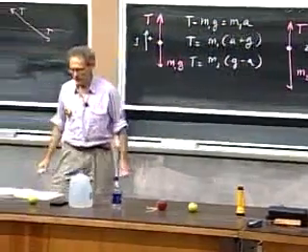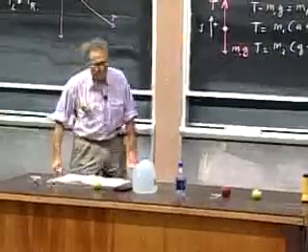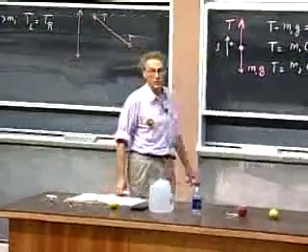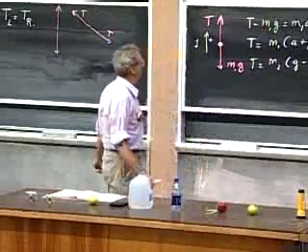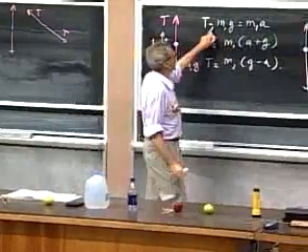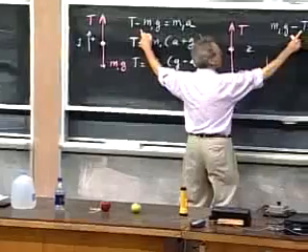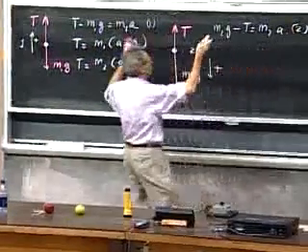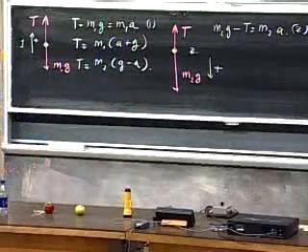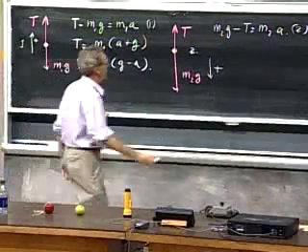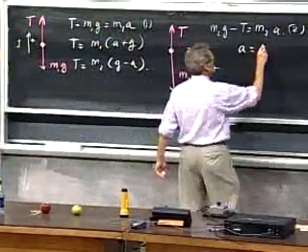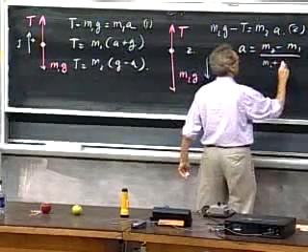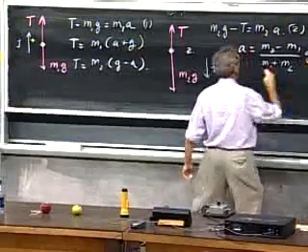Two equations with two unknowns. Well, that shouldn't be so hard to solve. You can immediately eliminate T, by the way. If you add this one with this one, you're ready. I call this equation 1, and you call this equation 2. You immediately lose your T, and you get that the acceleration a equals (m2 minus m1) divided by (m1 plus m2) times g.